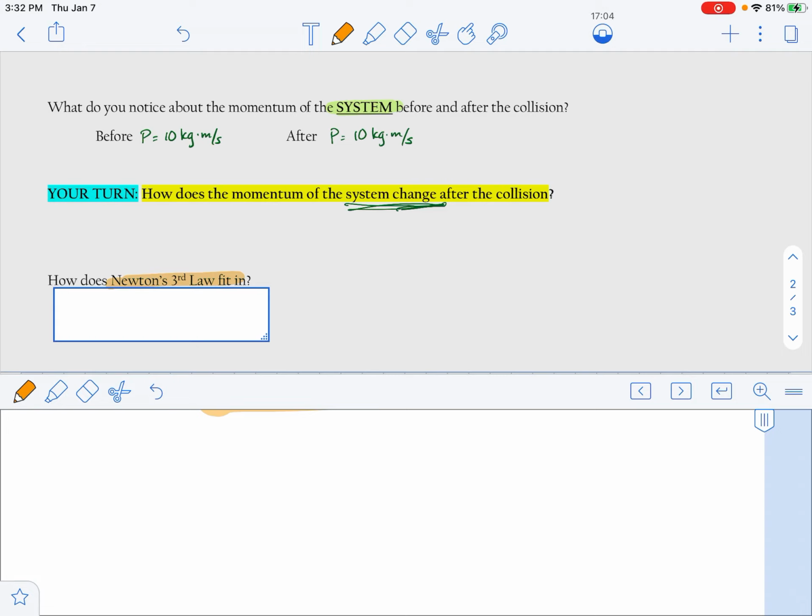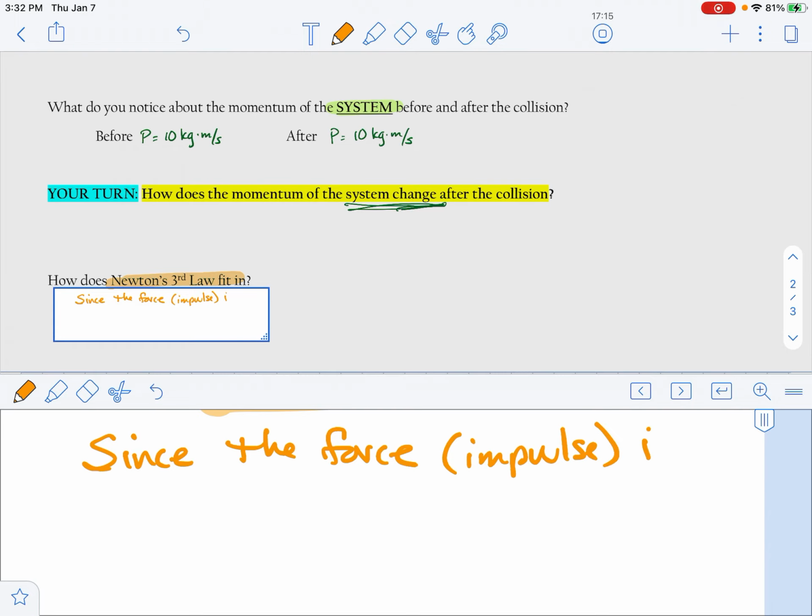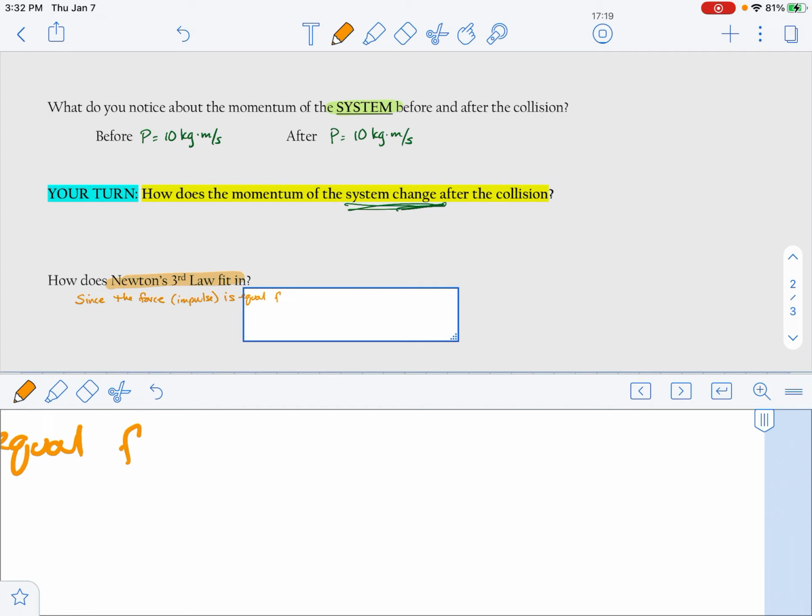So what we're going to say here is that since the force, and that's another way to talk about impulse, right, is equal for both gliders, right? So when glider 1 hit glider 2, that force is the same as glider 2 pushing back on glider 1. So those forces are equal and opposite.